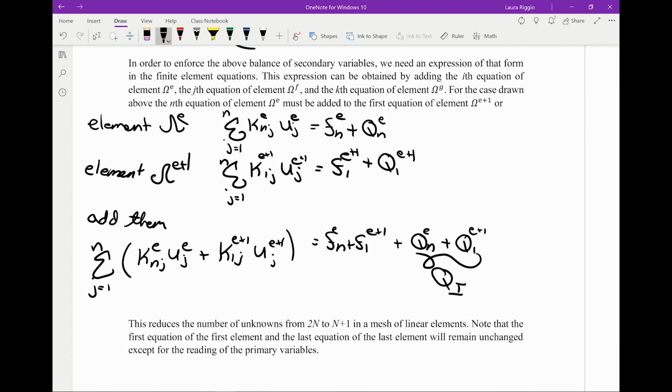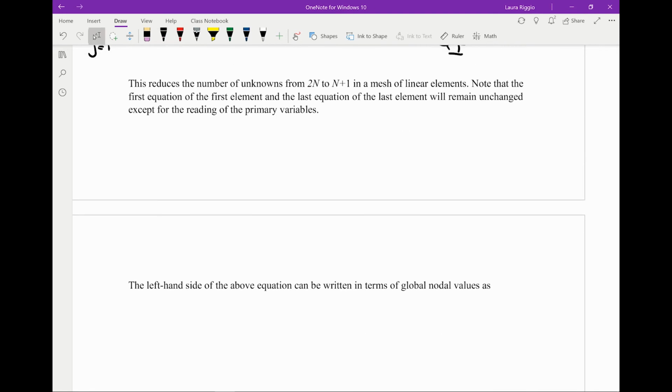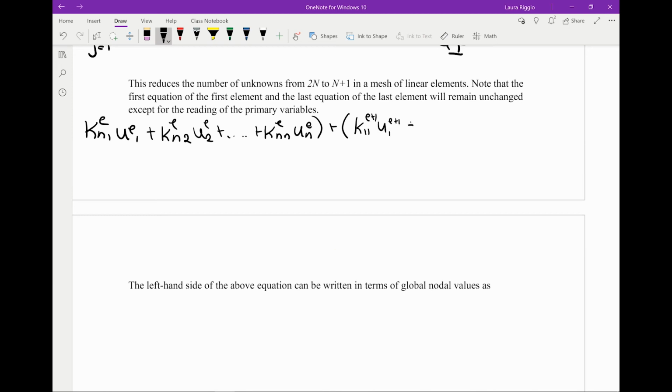We can rewrite the left-hand side in terms of our global nodal values as Kn1 U1 plus Kn2 U2 up to Knn Un plus K11 U1 plus K1n Un.